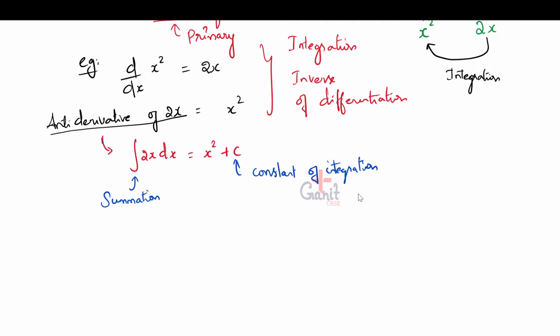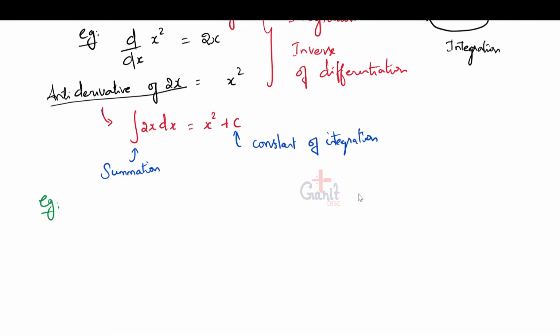Why is it the constant of integration? Let us take some examples. If I differentiate x square plus 1, the differentiation of x square is 2x, and the differentiation of 1 is 0. dy by dx of x square minus 1, again you will get 2x.